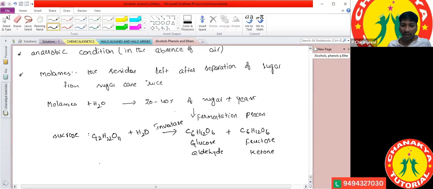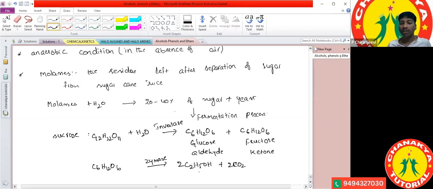Again, C6H12O6, the glucose, in the presence of zymase enzyme, is converted into 2 moles of ethyl alcohol, C2H5OH, plus 2 moles of carbon dioxide released.